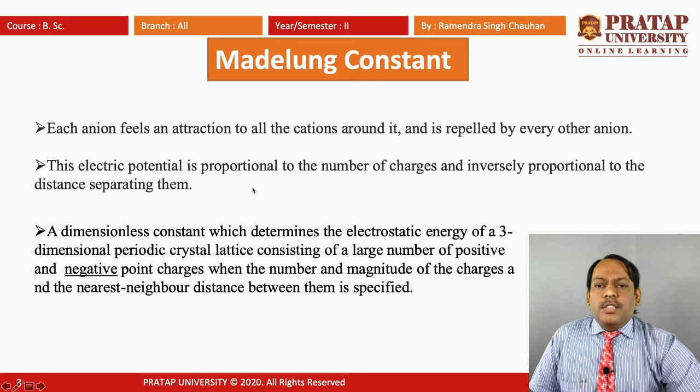This electric potential is proportional to the number of charges and inversely proportional to the distance separating them. So it is a dimensionless constant which determines the electrostatic energy of a three-dimensional periodic crystal lattice consisting of a large number of positive and negative point charges, when the number and magnitude of the charges and the nearest neighbor distance between them is specified.